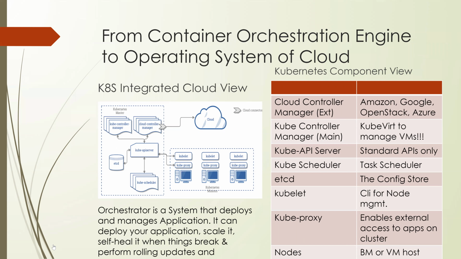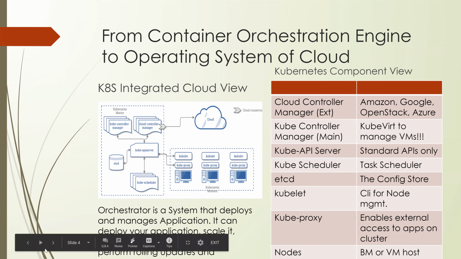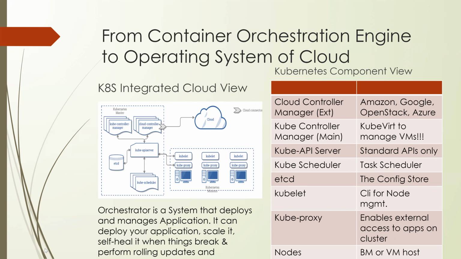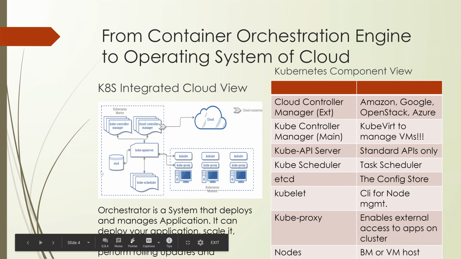Okay, let's look at Kubernetes as a cluster. So when we say cluster, what you see is nodes. So a cluster is like any other cluster: a bunch of nodes and a control plane. The control plane exposes the API.